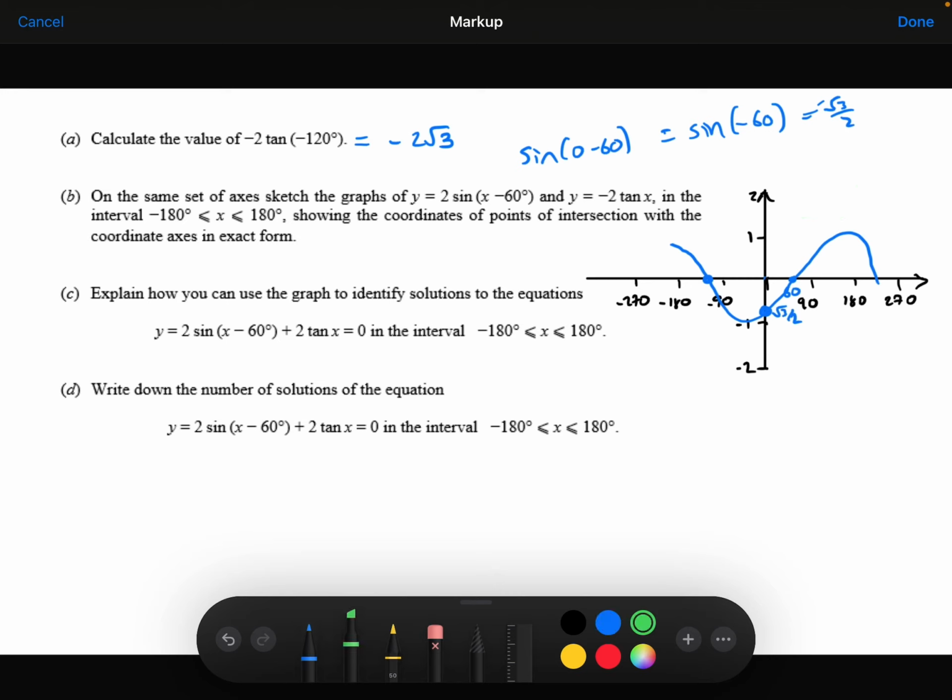Right, we now need to deal with the 2 at the front. That's going to multiply all of the y coordinates by 2. It's going to stretch the graph by a scale factor of 2 in the y direction.